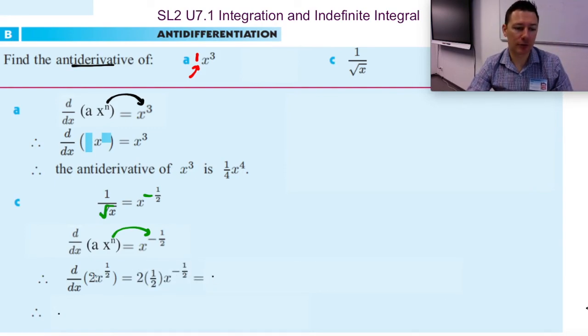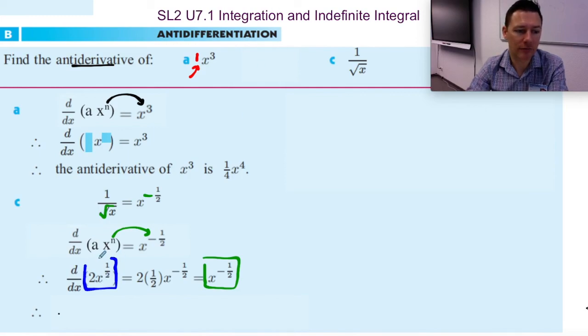That means that if you were taking the derivative of this, you'd say 1/2, you'd multiply by the 2 in front, that gives you 1, and then you decrease the exponent by 1 to give you negative 1/2. So there's the result we're looking for, right? If we take the derivative of this, we get this. So we're working backwards. We want to take the antiderivative of this, so we should get that.